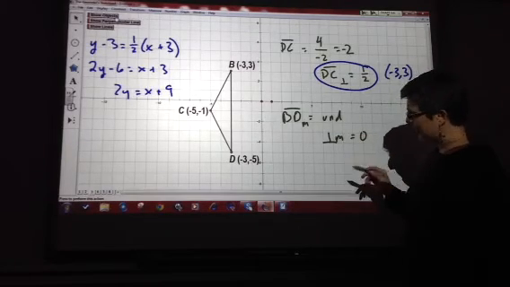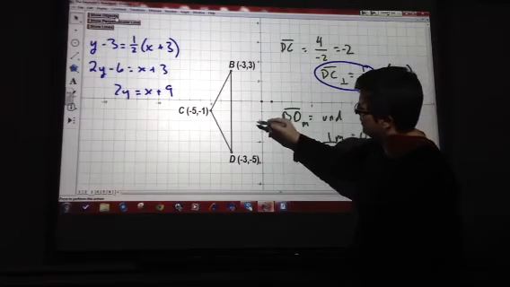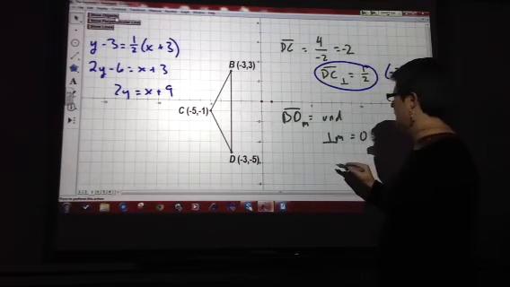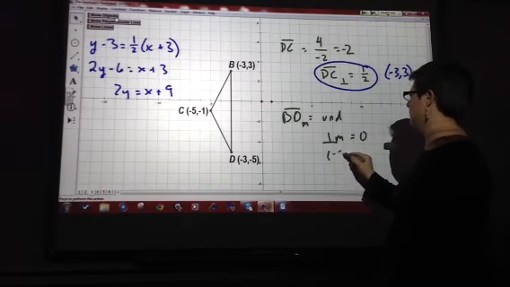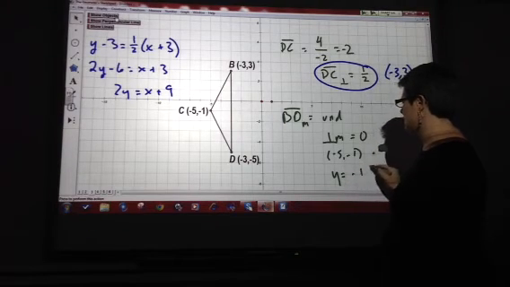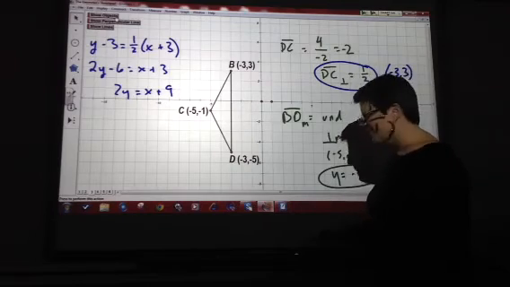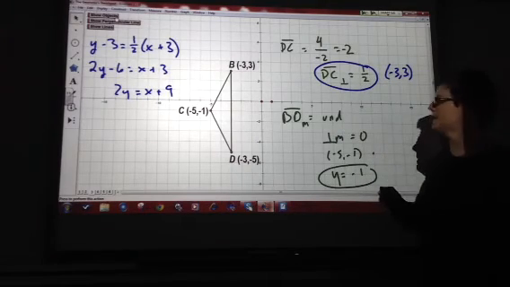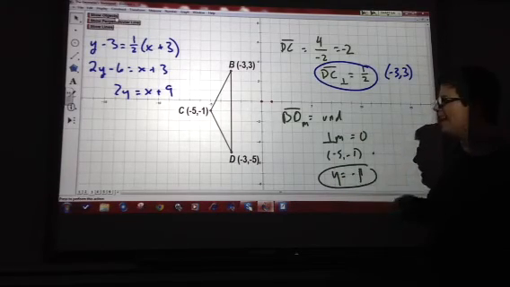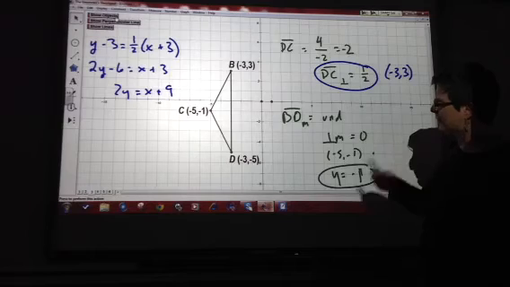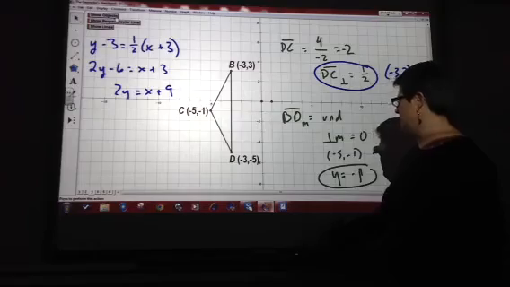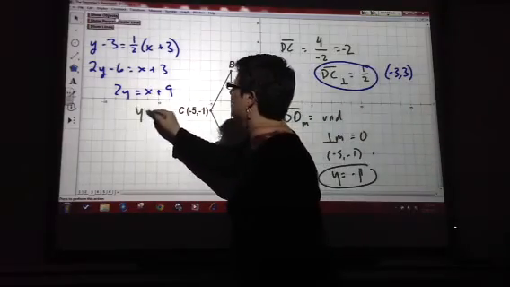So, if that's the case, I know that this point here, -5, -1, and my slope of 0, my y would always just equal -1. Remember talking about that many times. If we have a horizontal line, your equation would be y equals some real number. A vertical line, x equals some real number. So I have this nice, neat equation, y equals -1.